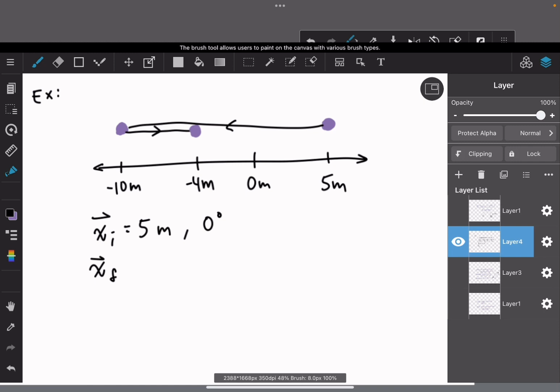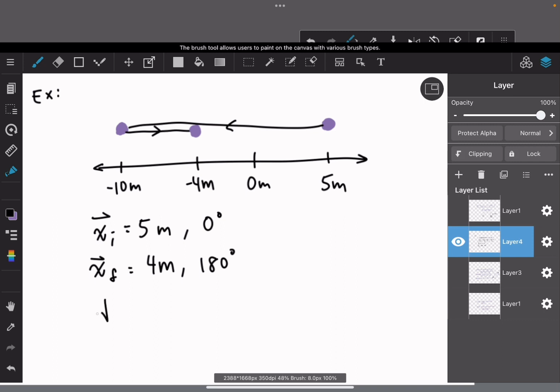Final position is where the ball ended up. It ended up at the -4 meter line, and that is 4 meters away from the 0 meter mark. Now again, position is a vector quantity, so you would also need to include direction. So it would be 180 degrees because the ball is directly left of the 0 meter mark.